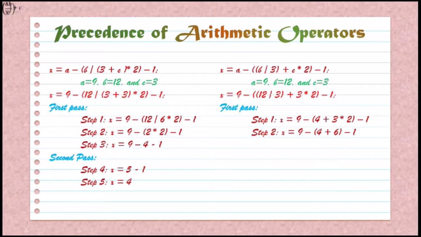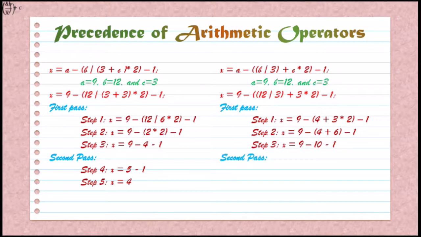So in step 3, solve the remaining values in the parentheses. So 4 plus 6, that is 10. So in step 3, the equation will be 9 minus 10 minus 1. So now only subtract operations are left. So solve those operators from left to right.